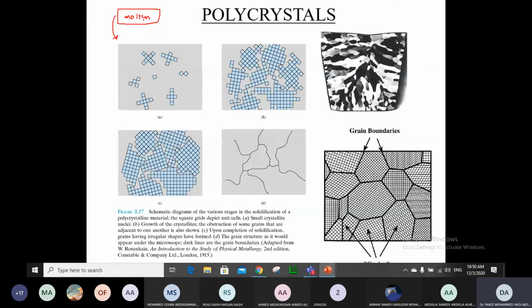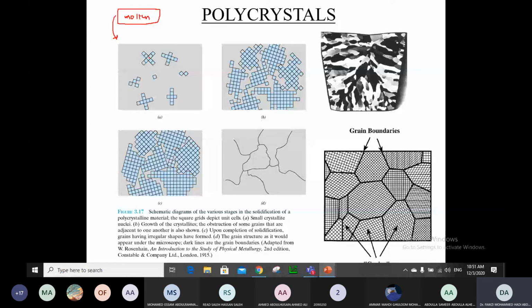This is liquid. As we cool down, do you expect the solidification will take place in all the material at the same time? Of course not. Why? Because the temperature in different parts of the material is different. So where is the first solid going to develop? In the coolest place in the material.